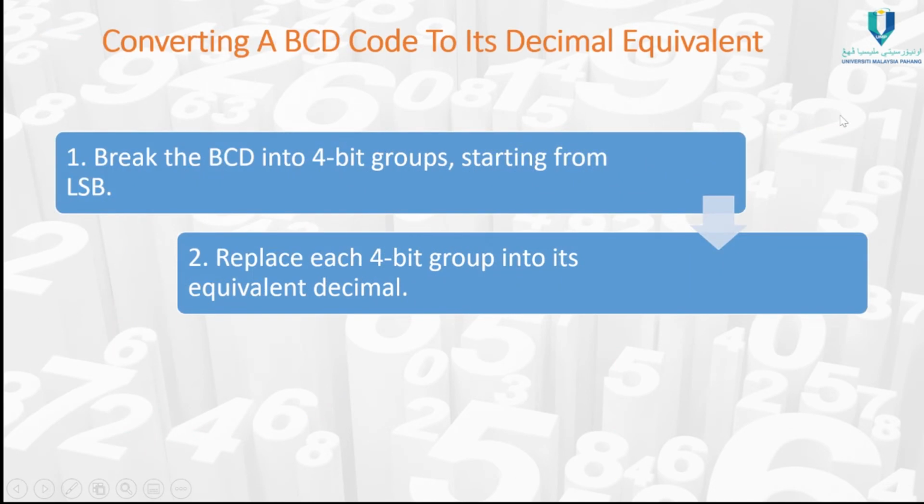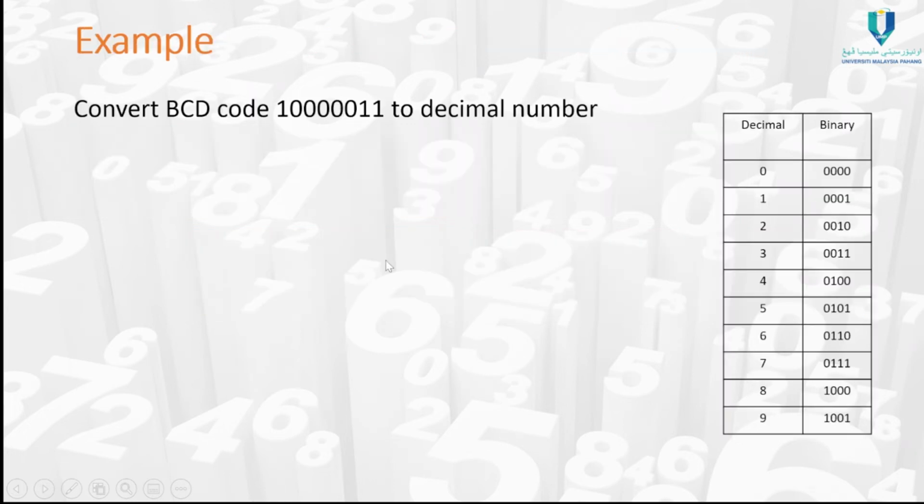What about if we want to convert a BCD code into its decimal equivalent? To do this, we first break the BCD code into 4-bit groups, starting from the least significant bit on the right. Then we replace each 4-bit group with its equivalent decimal number. For example, if I have the BCD code 10000011, how do we convert this into a decimal number?